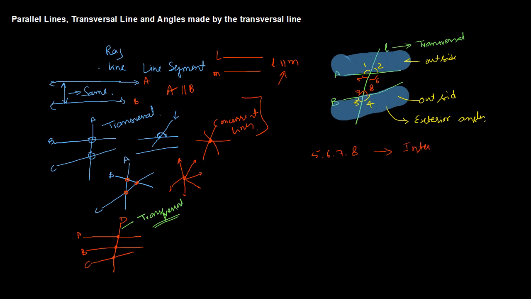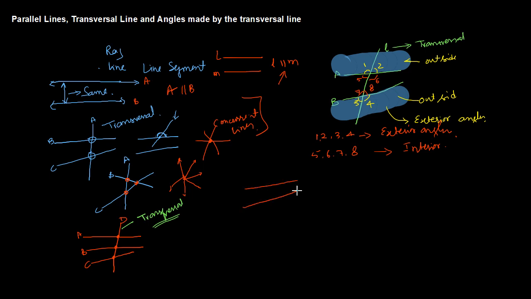They are interior to line A and B. 1, 2, 3, 4 are exterior to line A and B, only based on transversal line L. So 1, 2, 3, 4 are exterior angles.